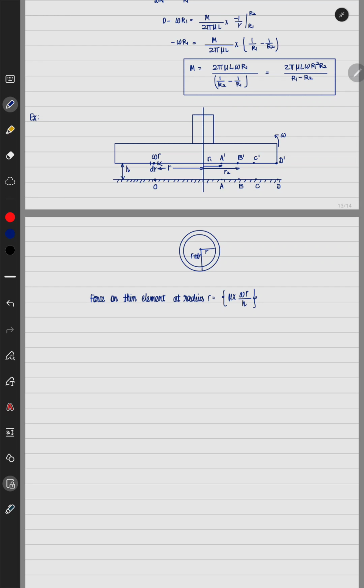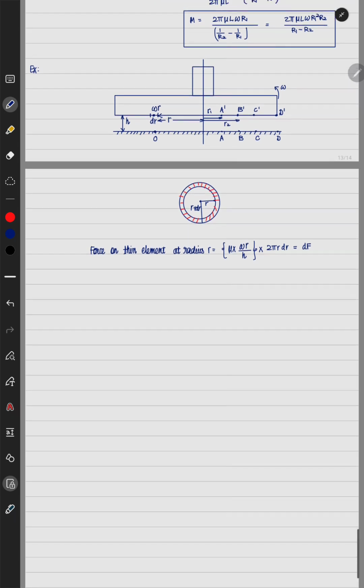I have written this as mu into omega r divided by h, into the area associated with it, which will be 2 pi r dr. And this is the total force acting on the thin strip or thin element.